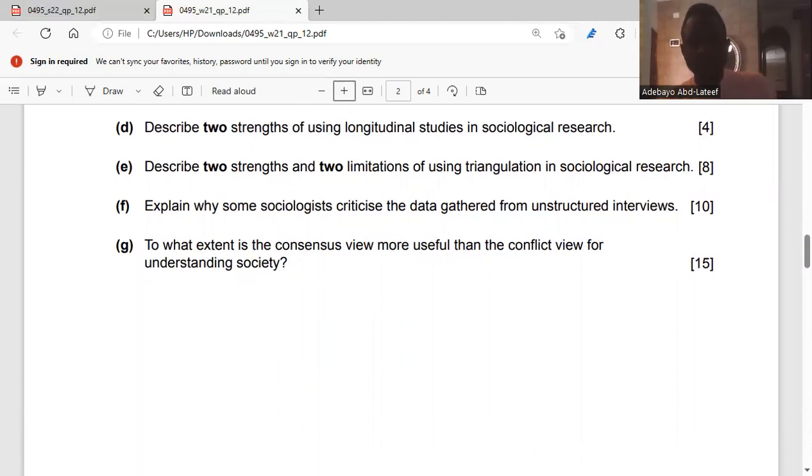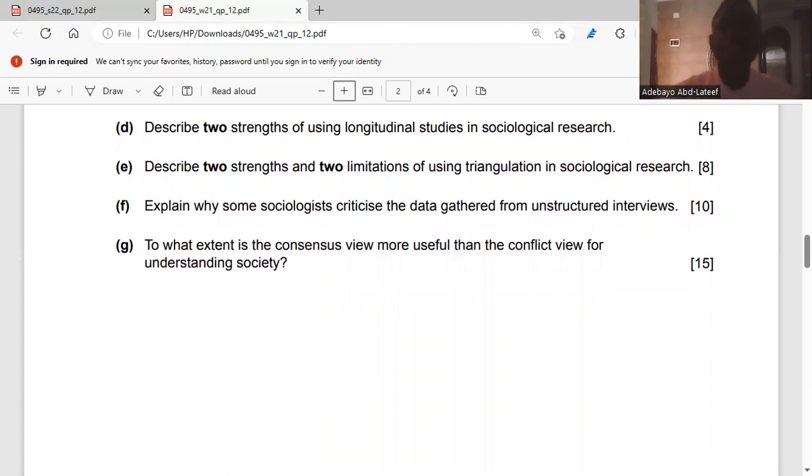Describe strengths and limitations of using triangulation in sociological research. The first point about using triangulation is that it allows you to check the accuracy of the research because it brings in different methods. The second point is that it helps the researcher to support quantitative data with qualitative answers.